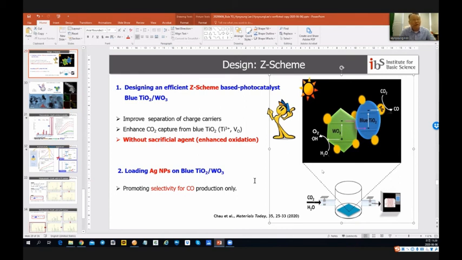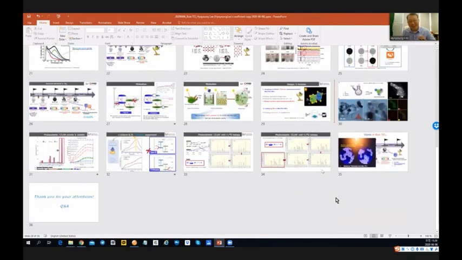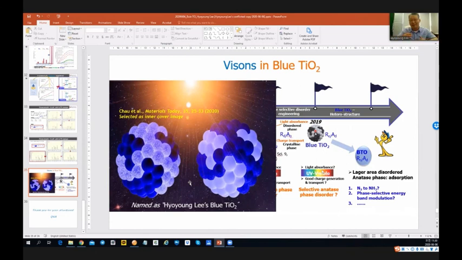In addition, I put my name on it, Hyoyoung Lee's blue TiO2. I would really like to be one of the pioneers, to differentiate from what people already did. If this spreads out all over the world, I think it is a good way.